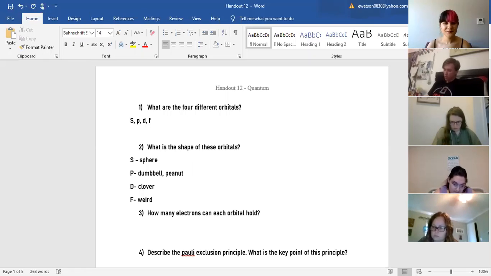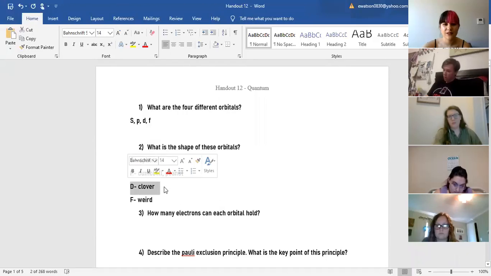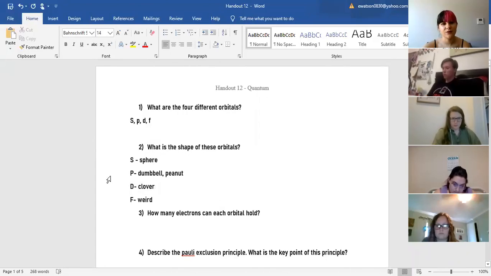We didn't really go over D and F. She just said they're complex yesterday. A clover is quite a simplified version of the d orbital, but it's the best way to try and define it. They're really complex, especially the f orbital.